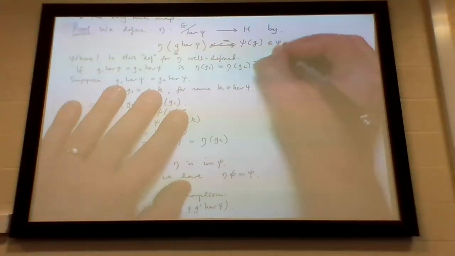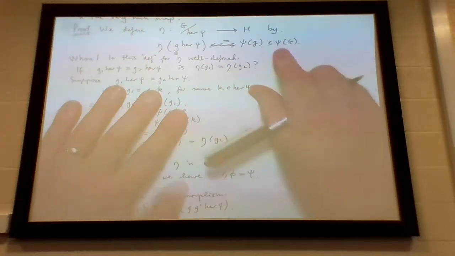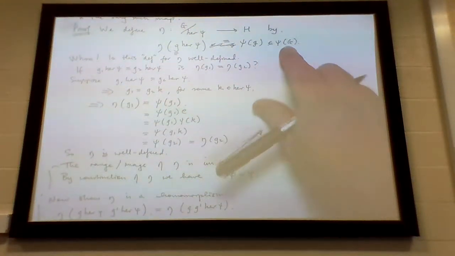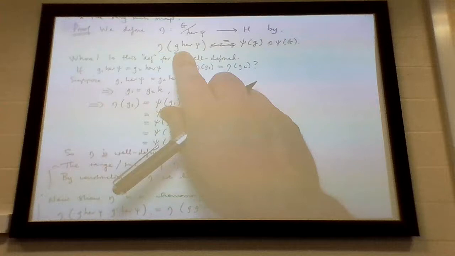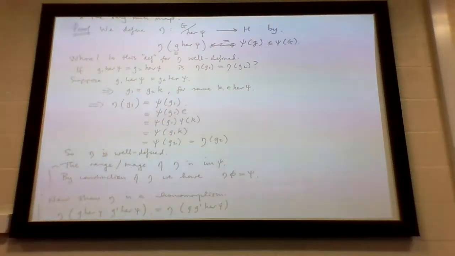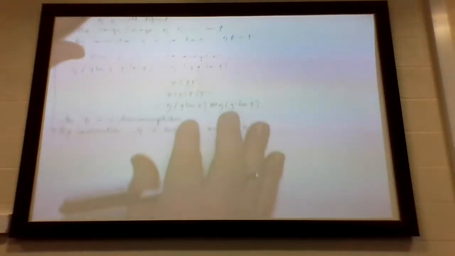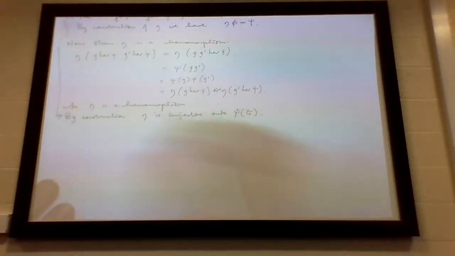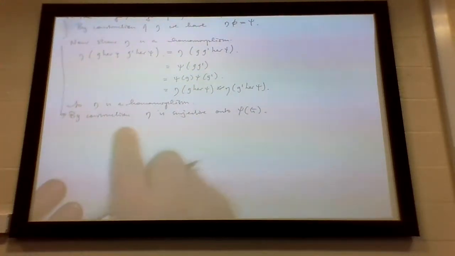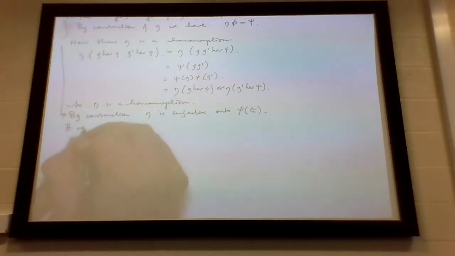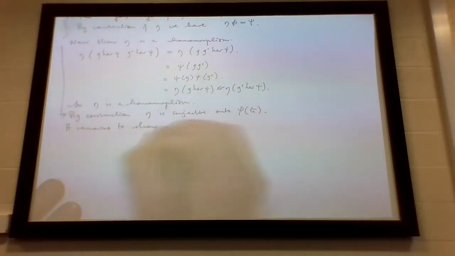So you can achieve any element of psi of capital G by applying eta to a suitable coset. Because we want to demonstrate that eta is an isomorphism, it remains to show eta is injective, one-to-one.